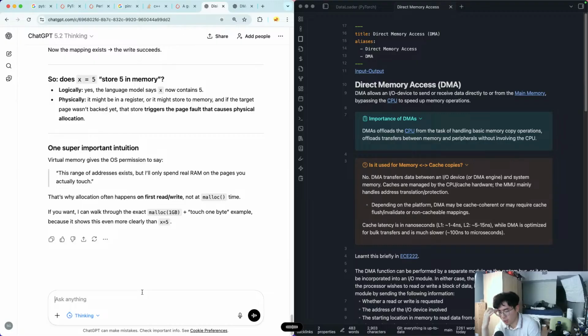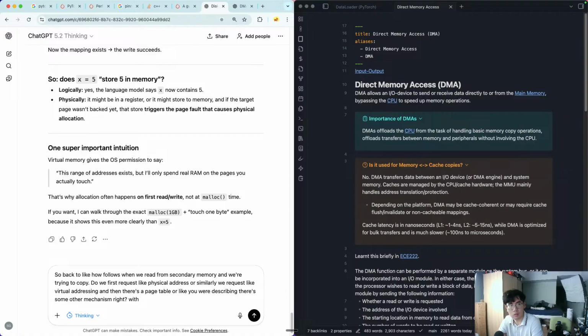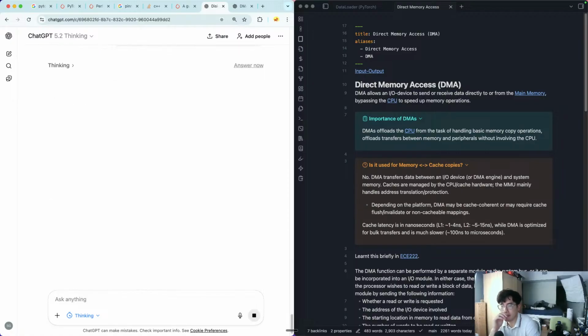Or like you were describing, there's some other mechanism, right? I'm a little confused.